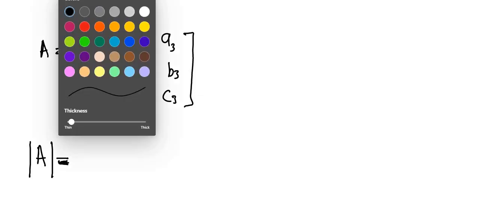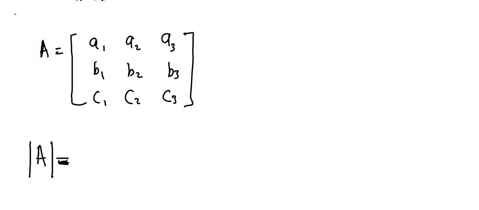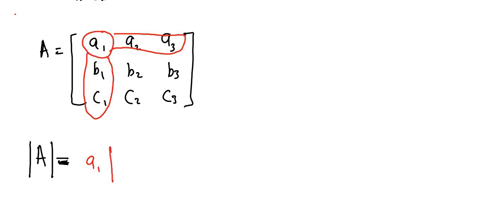you hide the first column. We're simply going to hide this guy here. We'll just say this is encompassing this row and this column. So we're basically going to say A1 multiplying the determinant of what remains, B2, B3, C2, and C3.